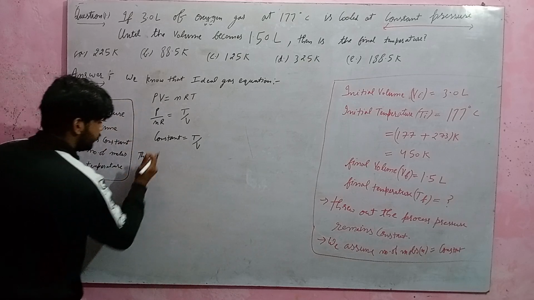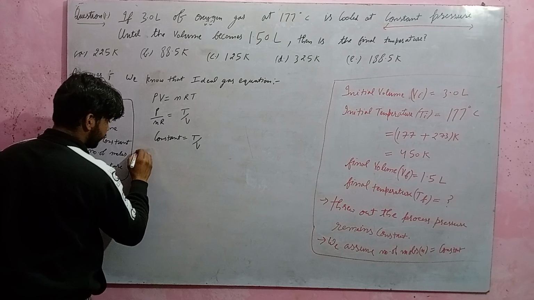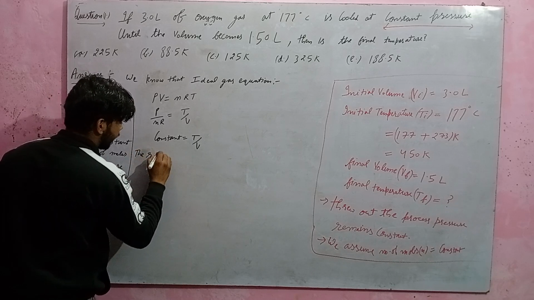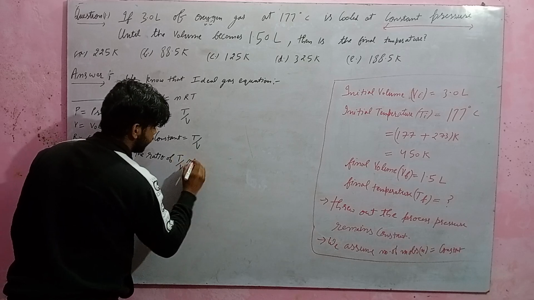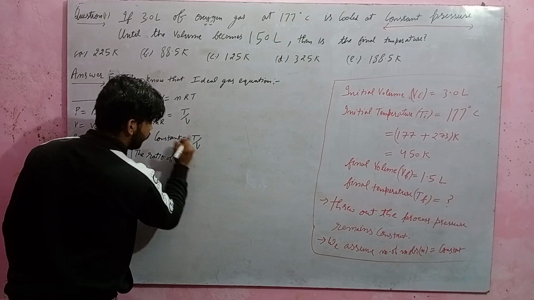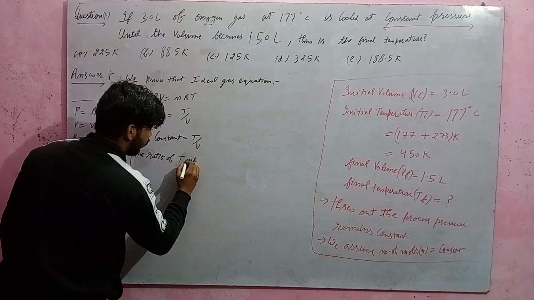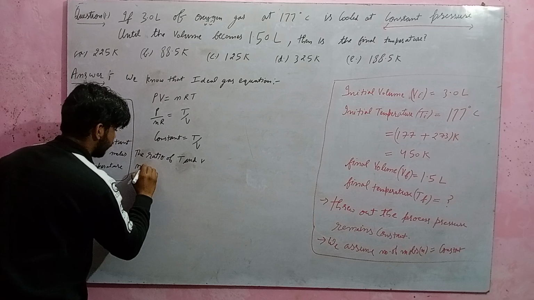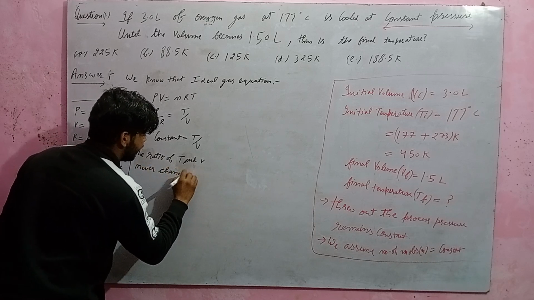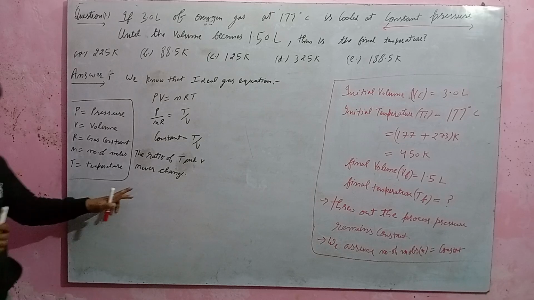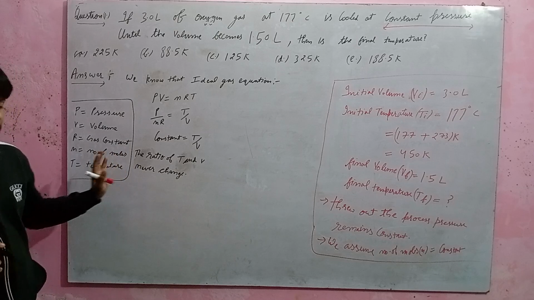The ratio of T and V never changes, because T by V is equal to a constant throughout the process.